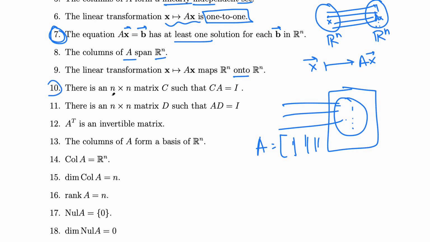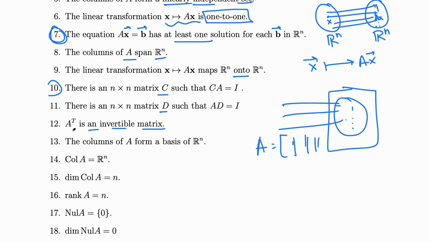And there is an n by n matrix C such that C times A equals I. So it's pretty much like the inverse from the left, and also A times D equals I, the inverse from the right side, and in this case C and D will be the same. Okay, and A transpose is an invertible matrix as well.